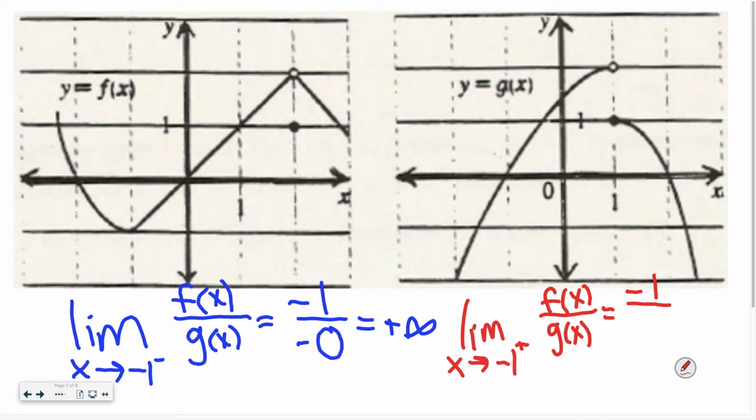As we approach -1 from the right of g, we're still approaching 0. However, this time we are above the x-axis. Do you see that? So we are approaching 0 with what kind of values? Itty-bitty positive values. So we have -1 over values approaching 0 from the positive side, so our entire fraction will go to negative infinity.